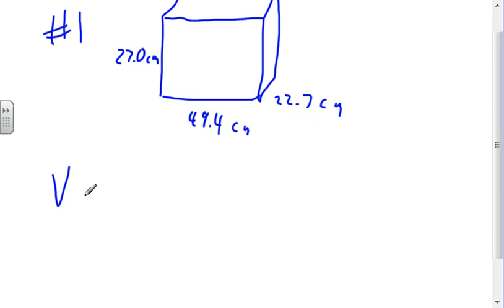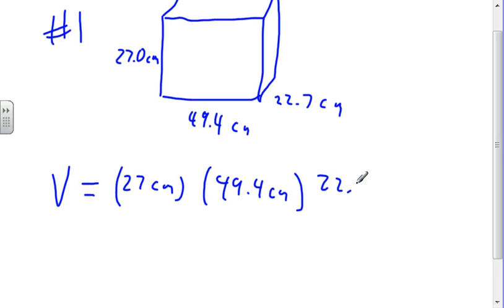All right, so volume. I have 1, 2, 3 dimensions, so I've got to multiply them all together: 72, 27, 49, and 22.7. And if I had my calculator, I could multiply those together. Oh, I found it.